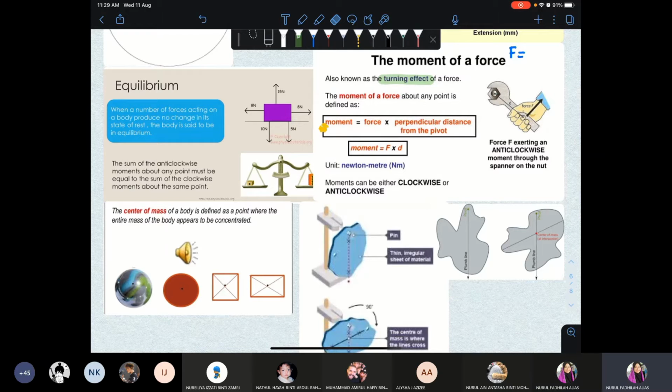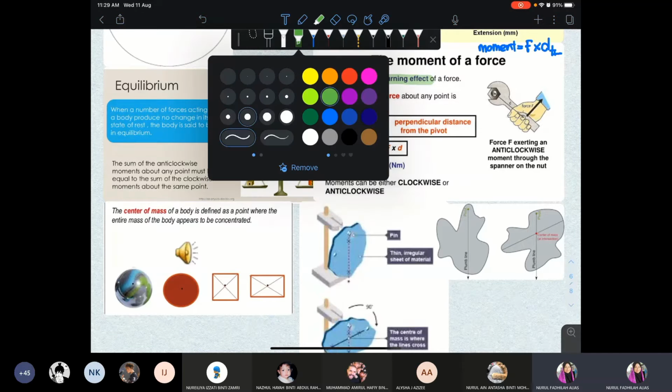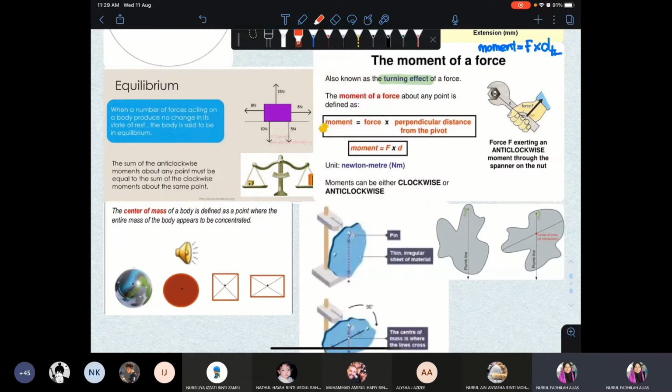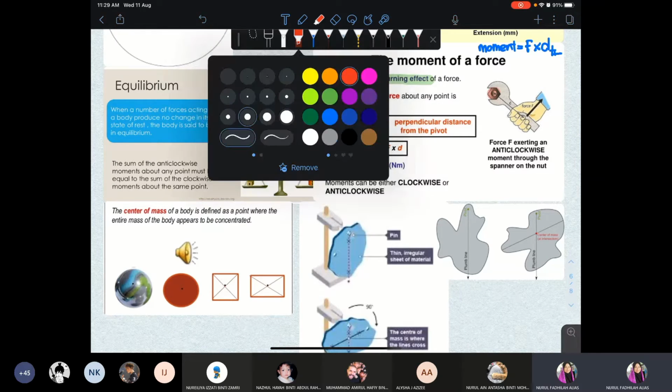So the question asks you for moment. Moment equals force times distance, but the distance must be perpendicular. If you look at this diagram, do you see it? This is the pivot, and this is the distance from the pivot to the force.